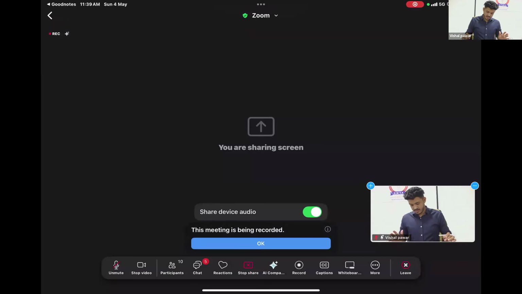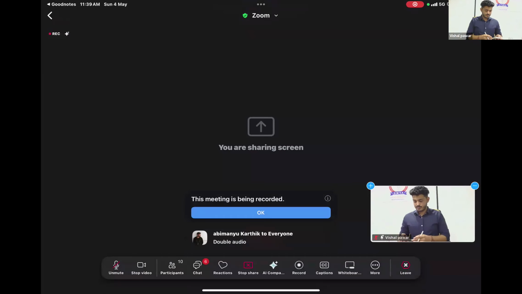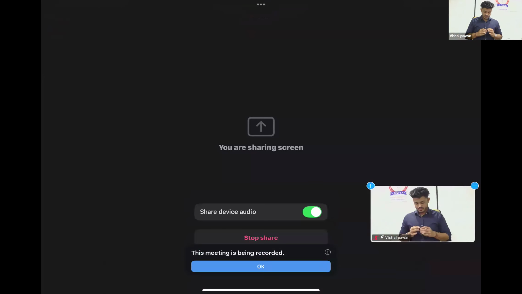Is it better now? Once we'll check. Double audio. This phone is having the noise cancellation, right?